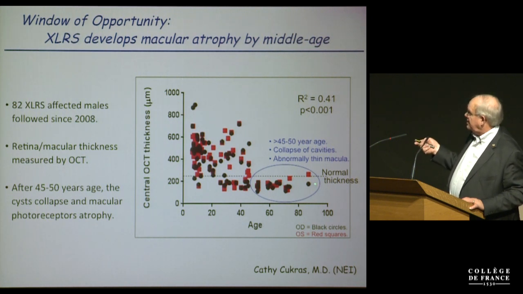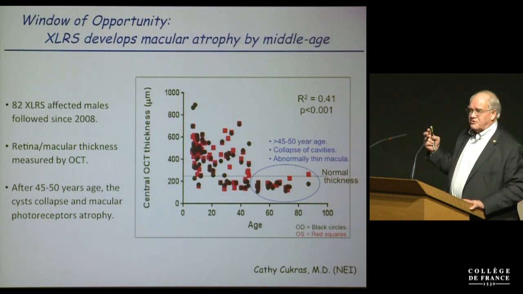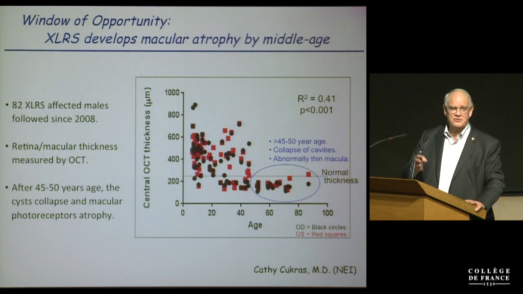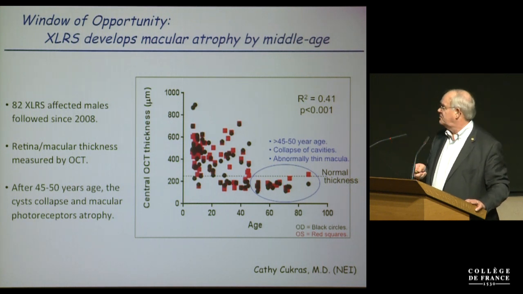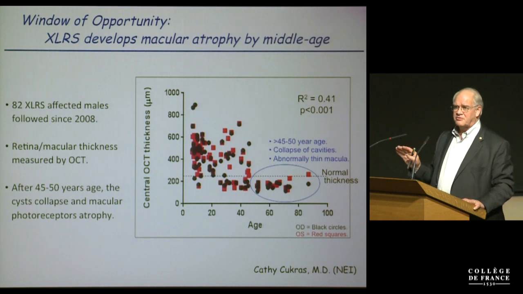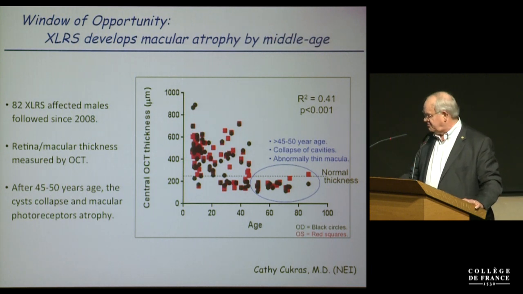And one would think that this is not the optimal window in time to be treating. So there are two windows that we need to be aware of. One is, when can we restore that synaptic function? And in the mouse, we can do it in adult mice at 6 months of age. But in human, there is in fact a loss of photoreceptors, very slow, but there is structural loss of photoreceptors, and one wants to treat earlier than this.